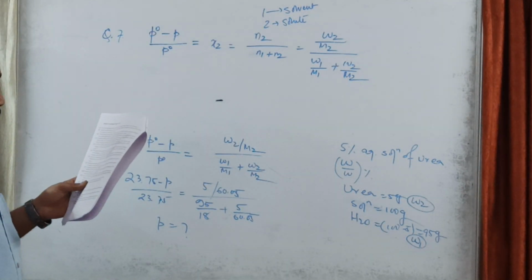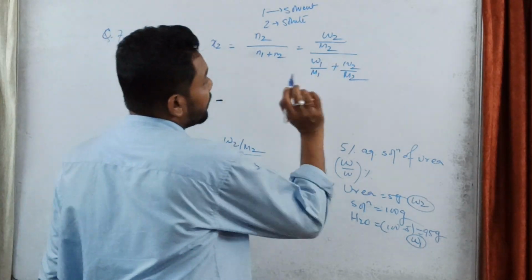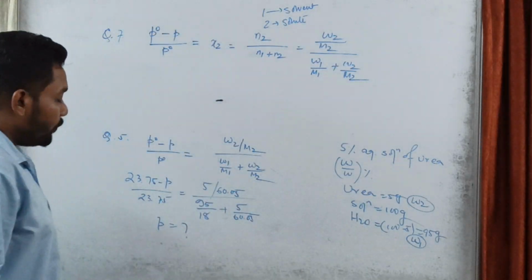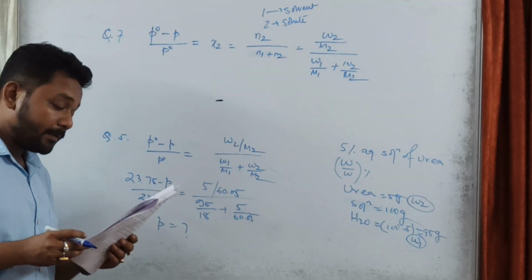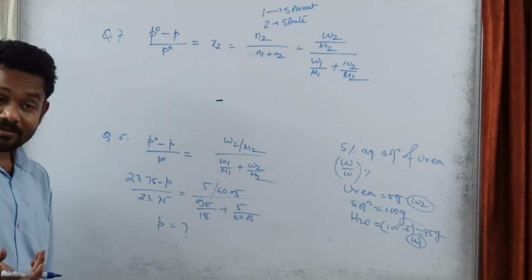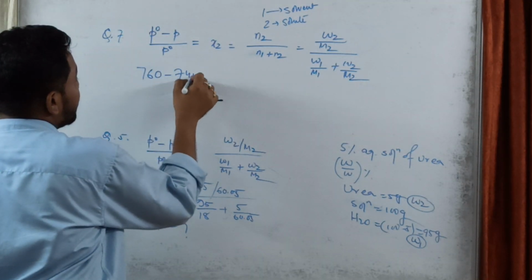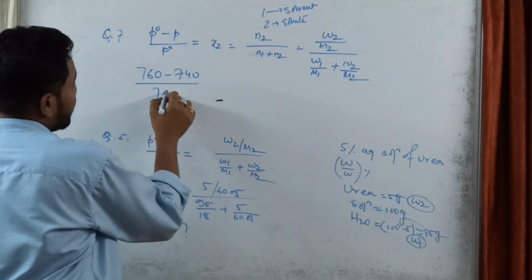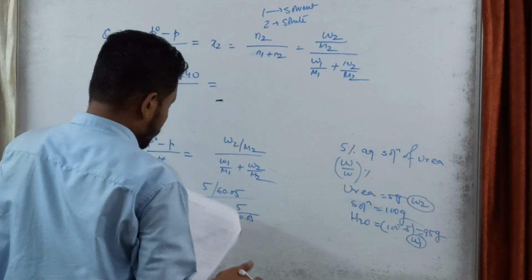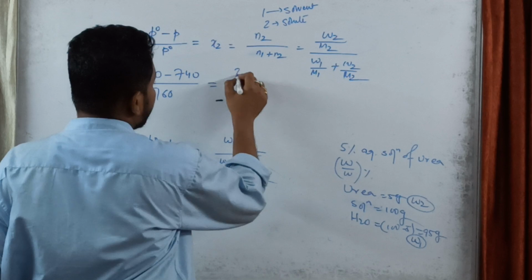Now question number 7, they want to know to calculate the relative molecular mass of the solid. That means M2 you need to calculate. They have said the vapor pressure of the solution becomes 740. So what will be the vapor pressure of the pure solvent? 760. So P0 is 760, P is 740, divided by P0 which is 760. That is W2. What is the weight of the solute given? 20 gram.